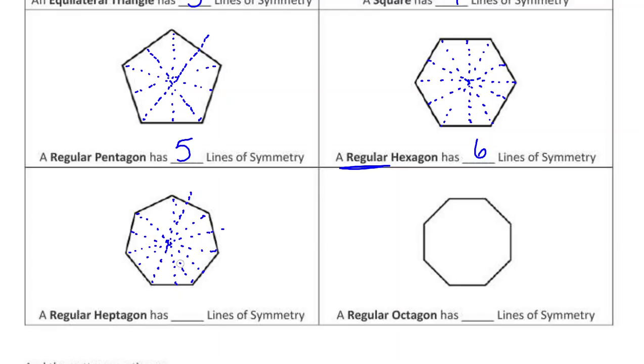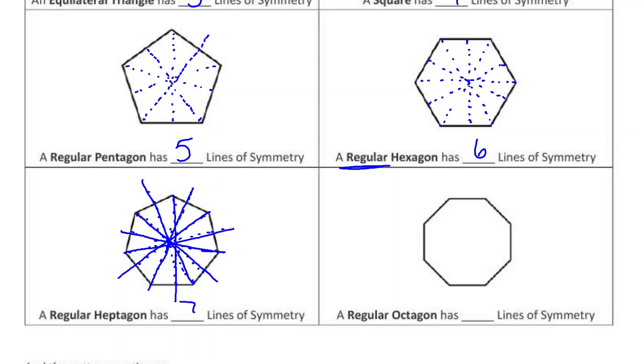And there's 7. So if you want to cut it, this one's kind of hard to see. That's what it would look like.